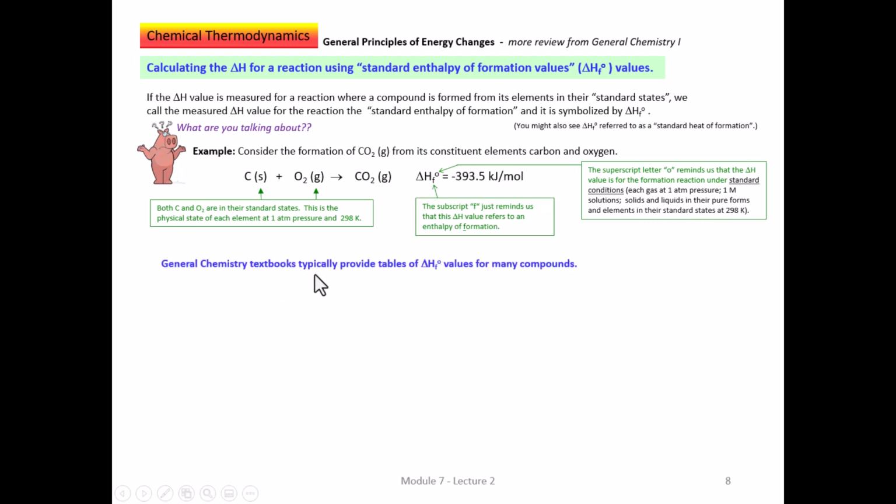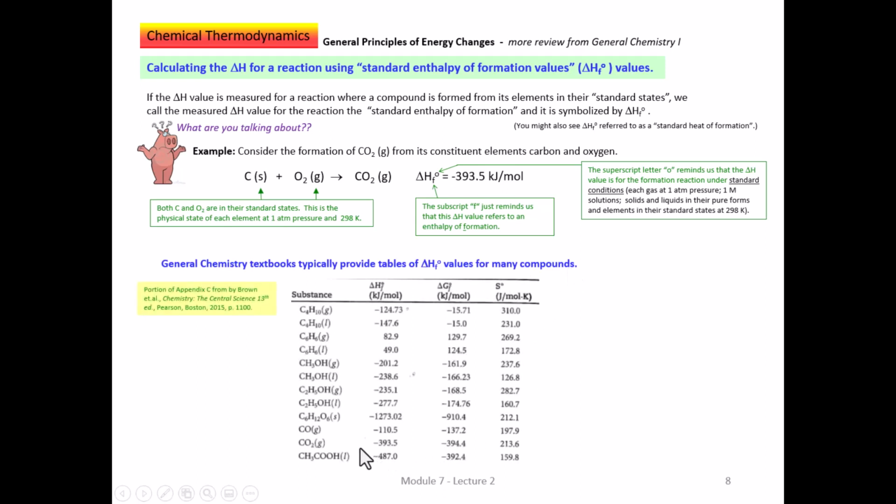General chemistry textbooks typically provide tables. They're fairly long tables of standard enthalpy of formation values for many different compounds. What I've done here is I've copied just a little slice of a table that's available in D2L, and that's also in Appendix C of your textbook. And you'll notice here that there's a column for standard enthalpy of formation values in kilojoules per mole for all these various compounds in various physical states.